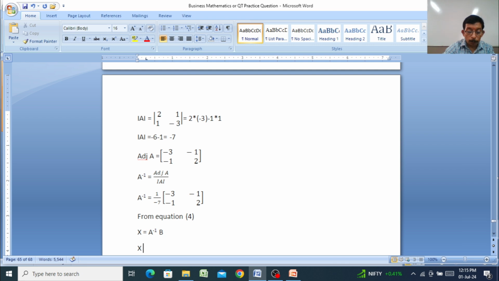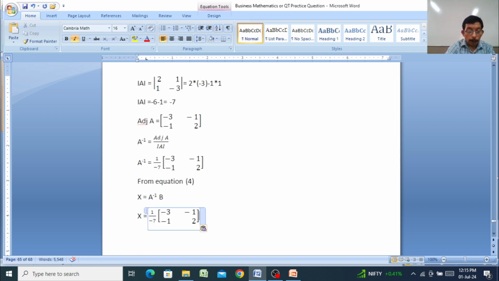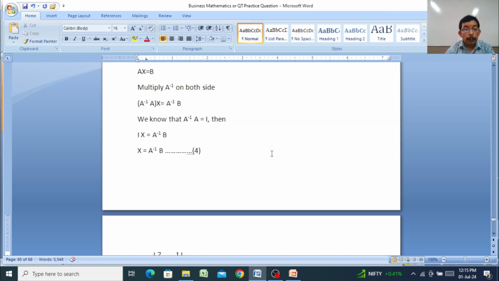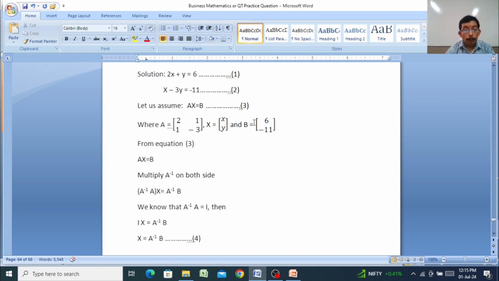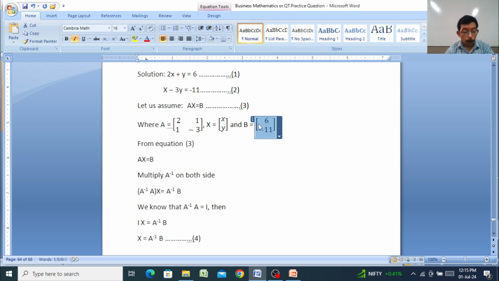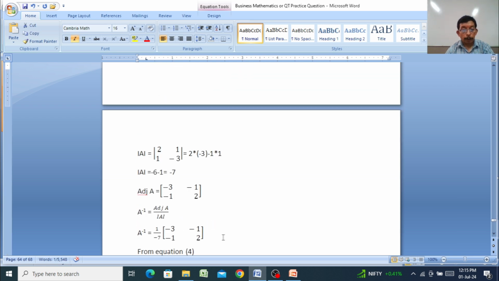X is equal to, put down the value of A inverse, multiply the value of B. Matrix B is given here, note down and write down here.